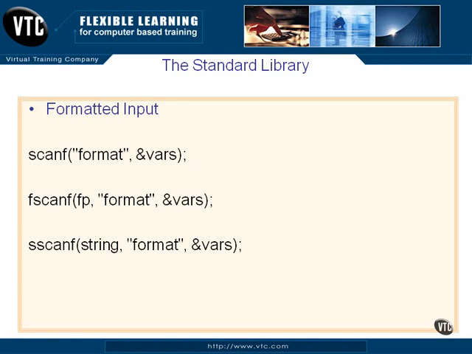We want where they are, because scanf is going to read information from standard in, reformat it according to the format string, and place it into those variable locations. fscanf does the same thing using a file pointer instead of the standard in, and sscanf reads a string, reformats it according to the format string, or plucks things out of it and puts those little items into these particular variables.